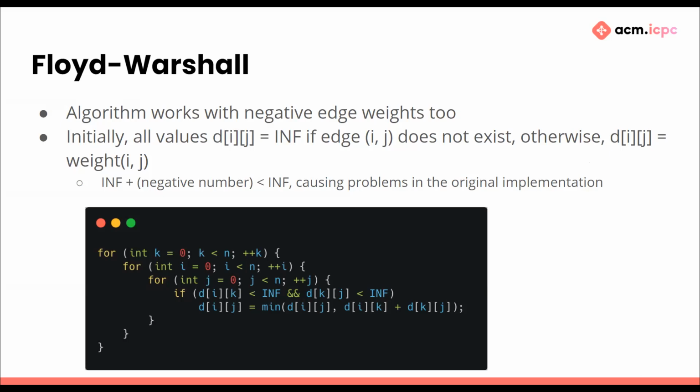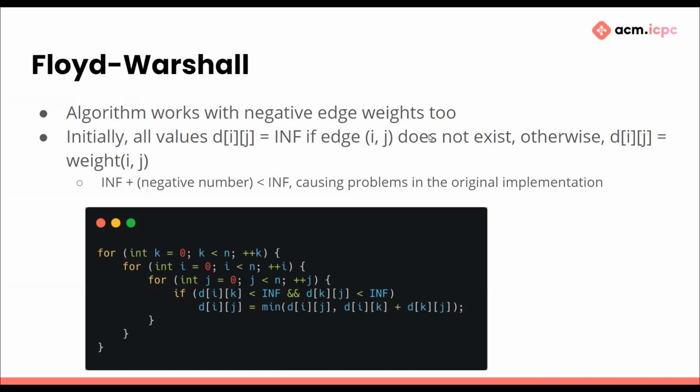And infinity, in this case, will mean that edge ij does not exist. So in the very beginning, we will only have a distance if two nodes are connected by an edge. This is way before we're running the three nested for loops. It's just the base case.